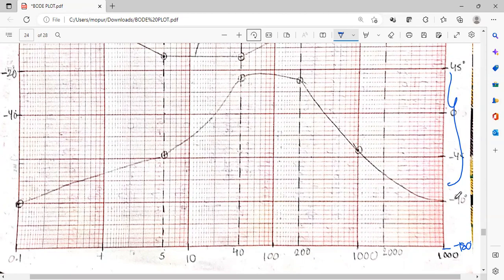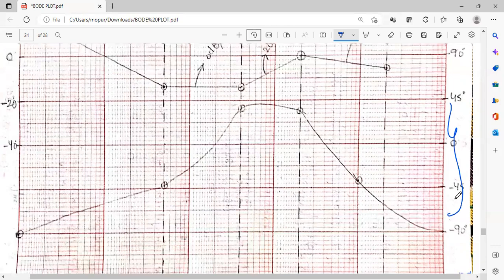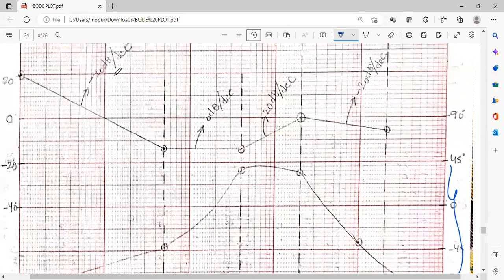Then how to extract the phase margin and gain crossover frequency? First thing is gain crossover frequency. Gain crossover frequency is the frequency at which the magnitude plot and 0 dB coincide. So this is the magnitude plot and 0 dB. This is the gain crossover frequency, so you will be getting omega GC.